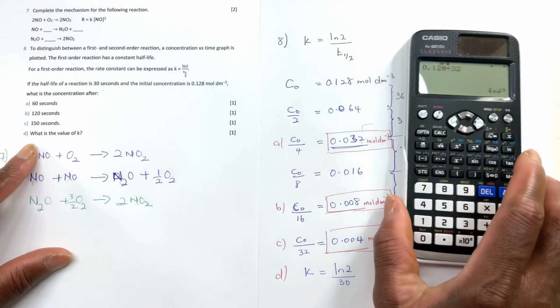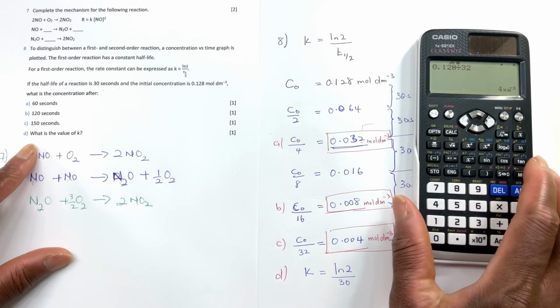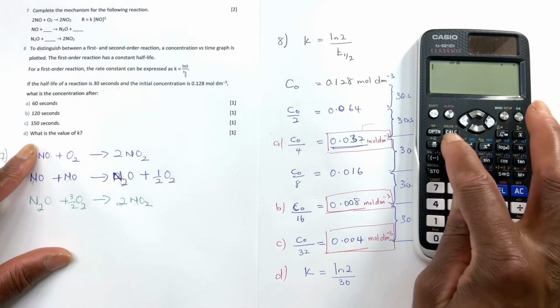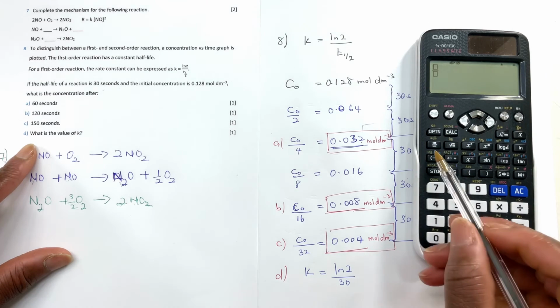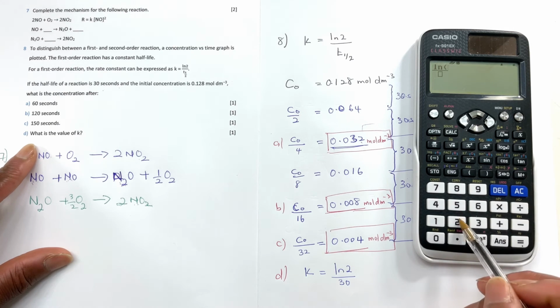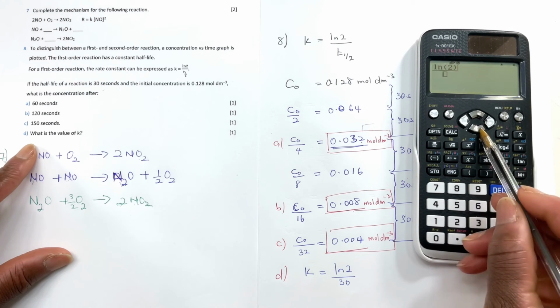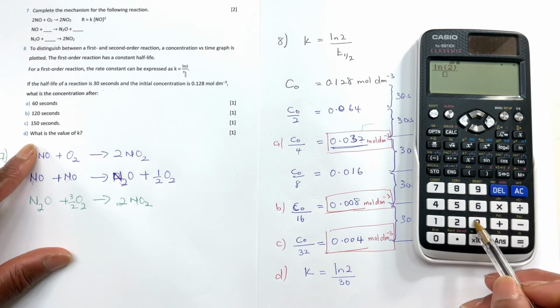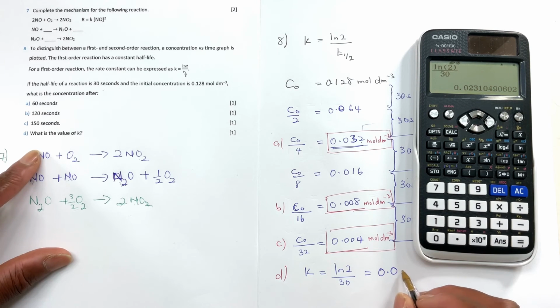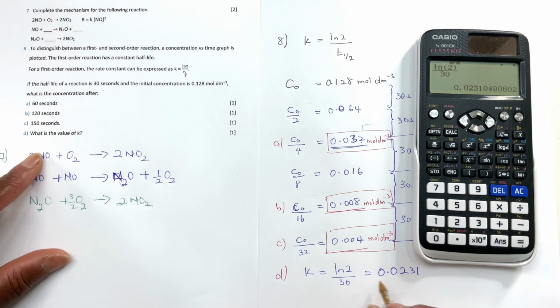If I bring the calculator back, I use the fraction key, ln, 2, close bracket, arrow key down, and 30. That equals 0.0231, and that's the value of k.